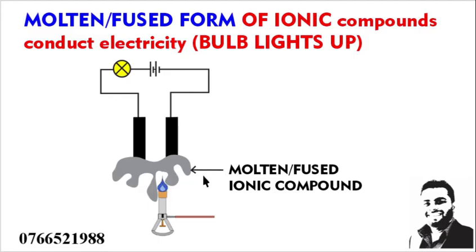Even sugar you can make it to caramel. Without adding water, you can make it to liquid. So those phenomena we say molten or fused ionic compounds. So these fused ionic compounds conduct electricity. The bulb lights up.